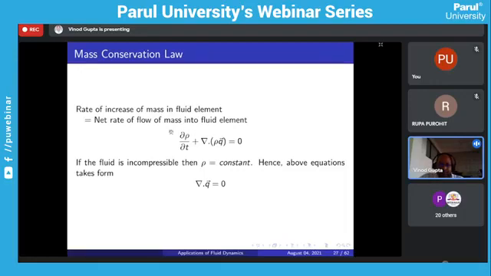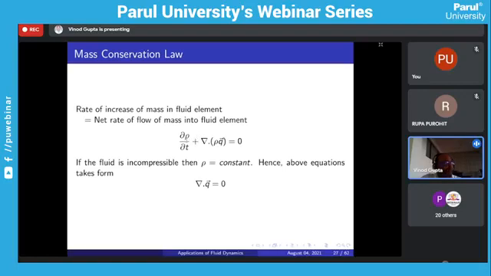So when you form this, it will be del rho over del t, where rho is the density and vector Q is the velocity of the fluid particle. So del rho over del t plus divergence of rho times vector Q is equal to 0. Right? So that is the equation of continuity. And when the fluid is incompressible, incompressible means the density does not depend on the temperature as well as time.